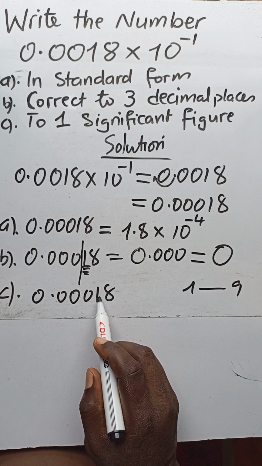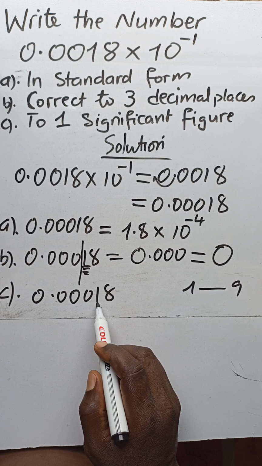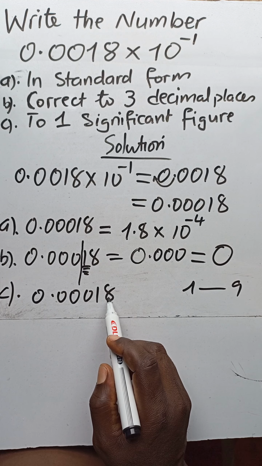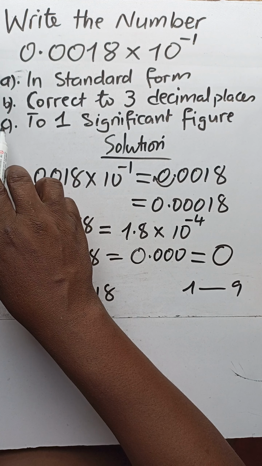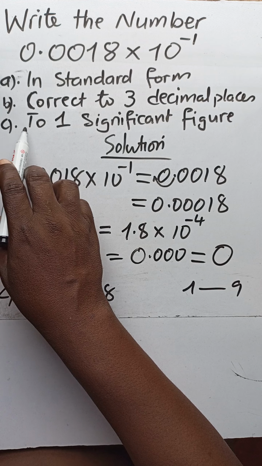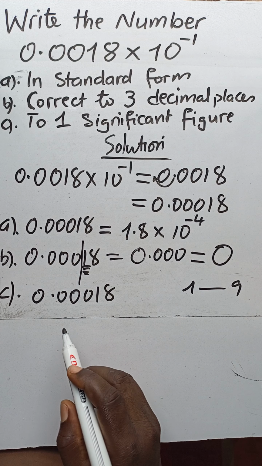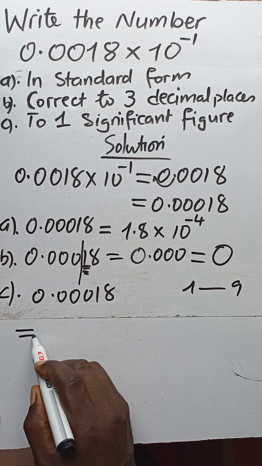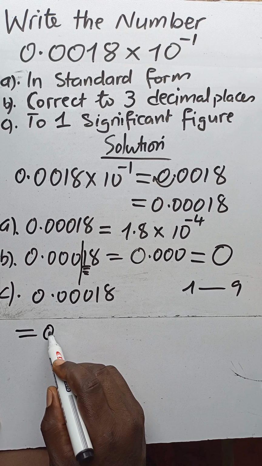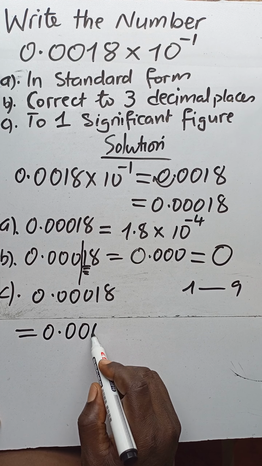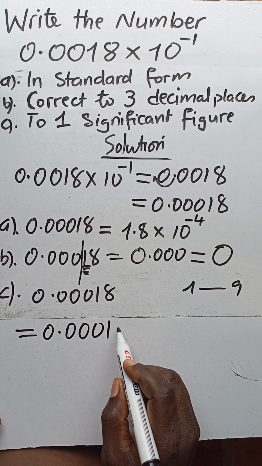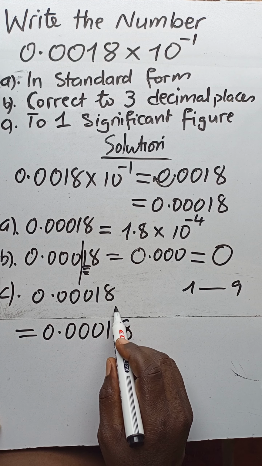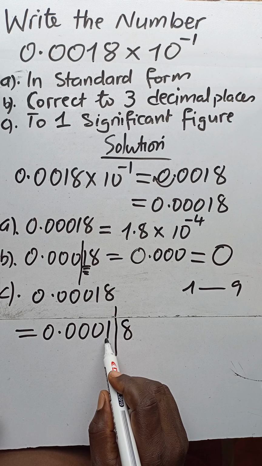So our first significant figure here is this digit 1, and the second significant figure is this digit 8. We're asked to approximate this number to one significant figure. So we will not count all of this, but that does not mean that we're going to throw them away. We'll write them again there. But we are here with our first significant digit, this one.